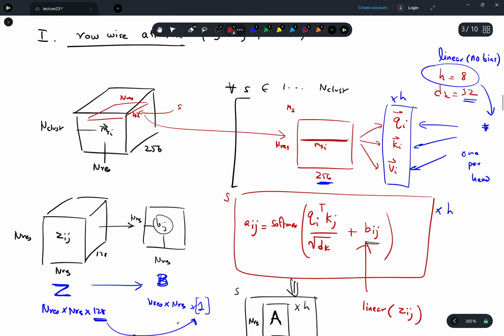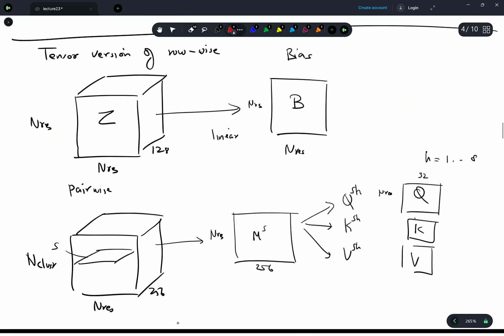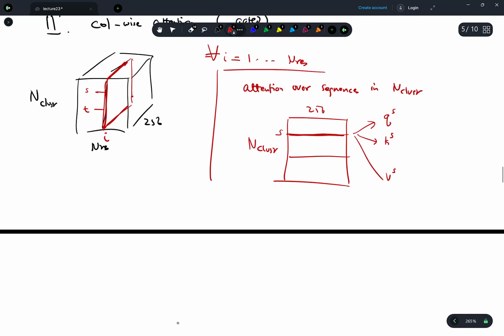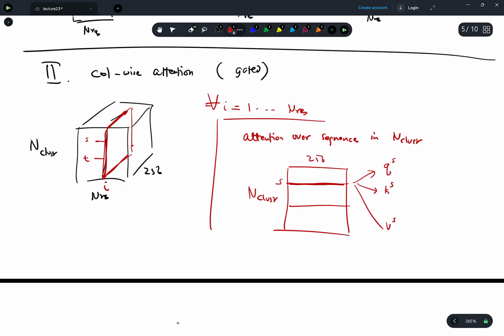Now it's the same thing, but over the sequences. Technically I could call it I, but we want to keep it that these are over the sequence, S. So instead of saying how much does J pay attention to I, I'll say how much does T pay attention to S. Another row of this matrix will be called T. Attention works exactly the same.